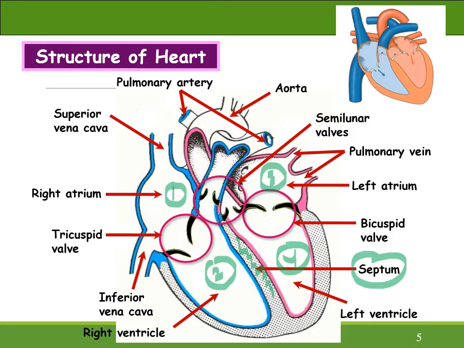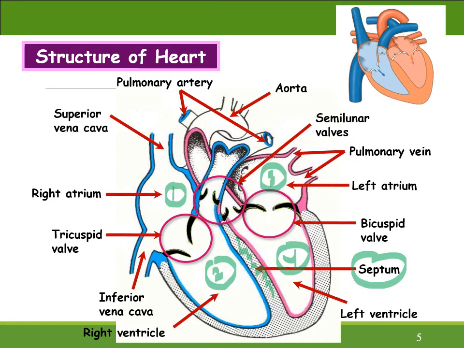So for the direction of blood flow in the heart, it is controlled by the atrioventricular valve, to ensure a one-way flow of the blood.